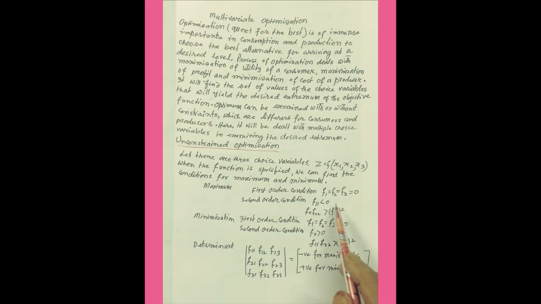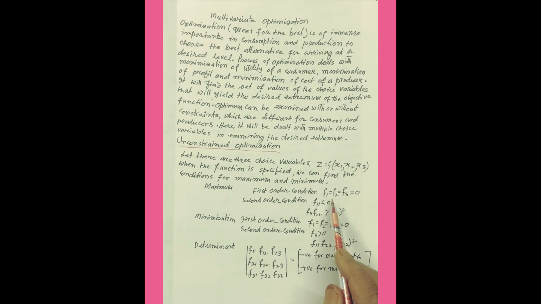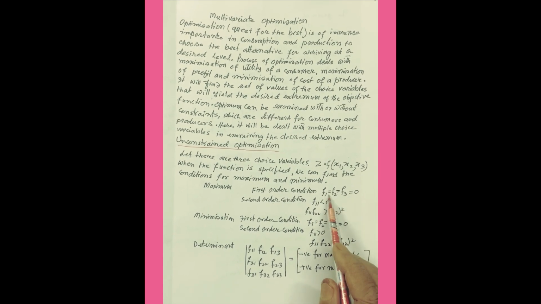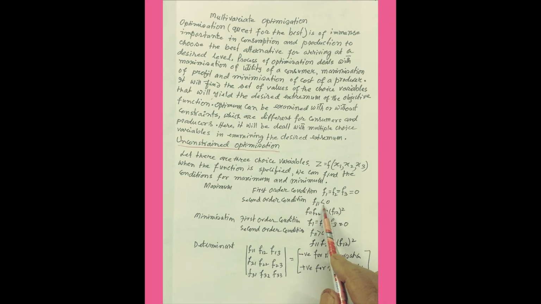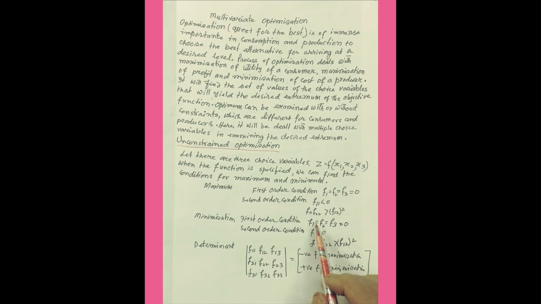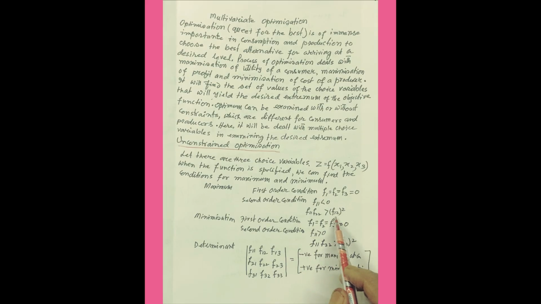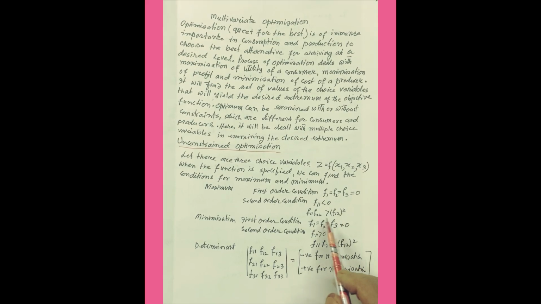Now the second order condition: f11, that means what we get from f1, we derive again with respect to x1, that is f11. So it should be negative for maximization. And f11 times f22 should be greater than f12 whole square.